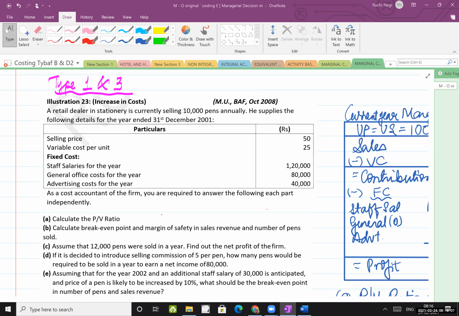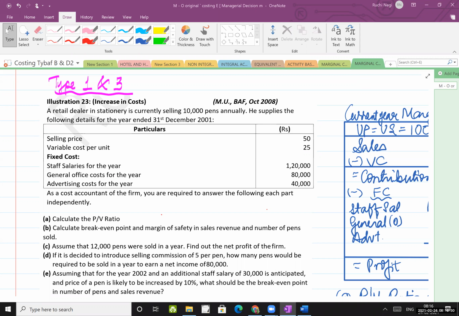Type 1 is where the basic information like fixed cost, variable cost, selling price, units produced and sold is given, and they just ask you normally to calculate PV ratio, BEP, MOS, desired sales, desired profits. So this is type 1. In type 3, what is their estimated marginal cost rate?